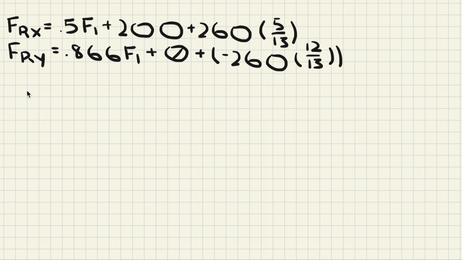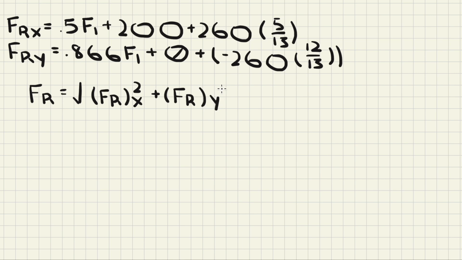Alright, so now our next step is to find the resultant force using our components. So FR can be found with this equation right here. So FR equals the square root of FRx squared plus FRy squared.